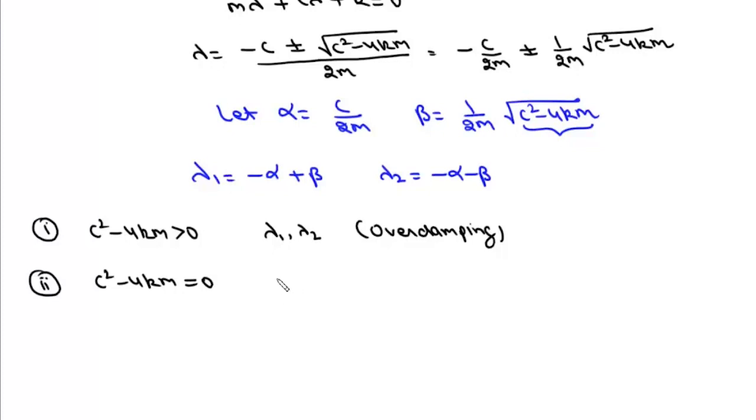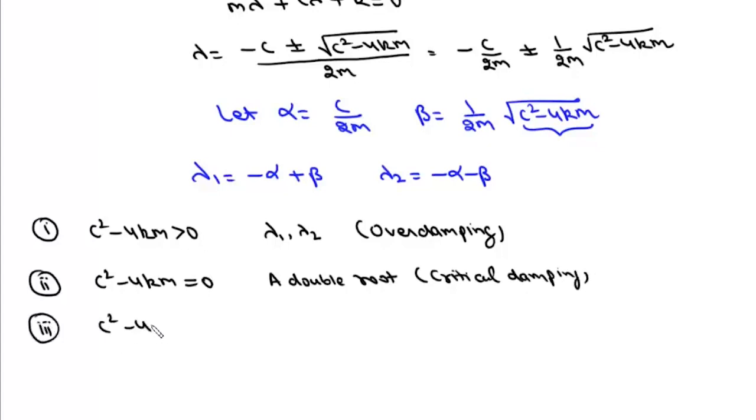Here we'll have a double root, and this is the case of critical damping. And finally, we have this third case when c square minus 4km is less than 0, and in this case, the roots are complex conjugates.